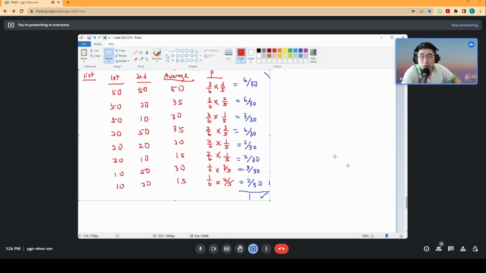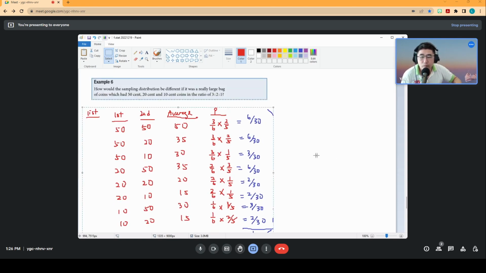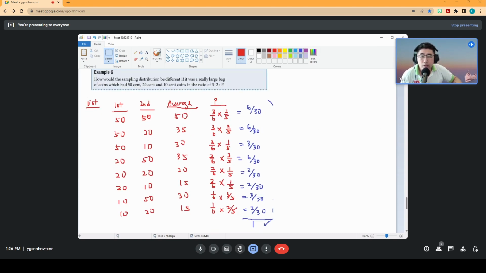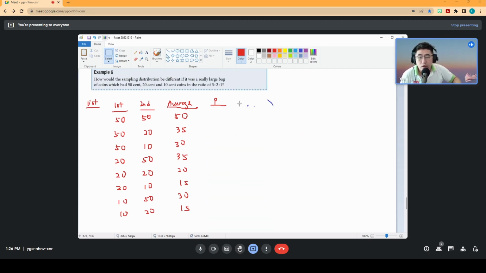Okay, using the list method. The probability now becomes different. So the probability now, because it's 50-50, so 1 over 2, I put it as 3 over 6.